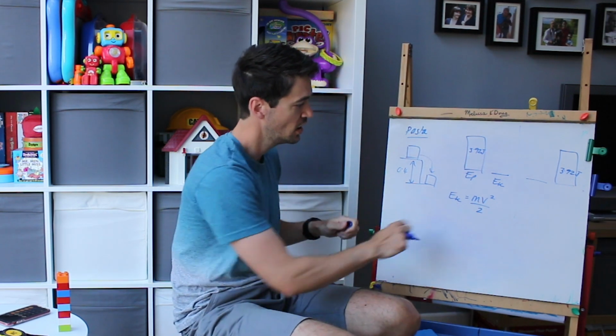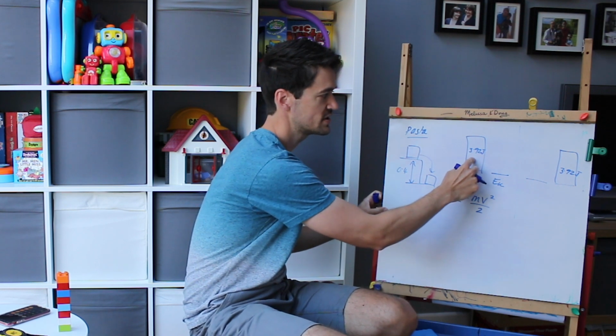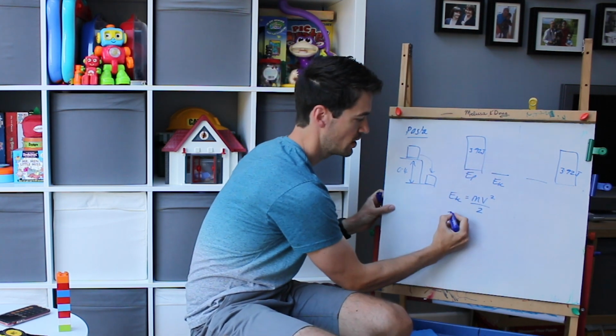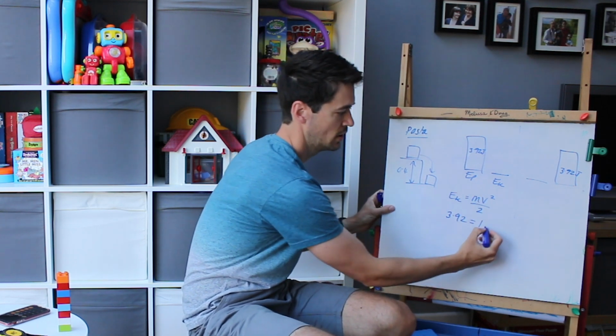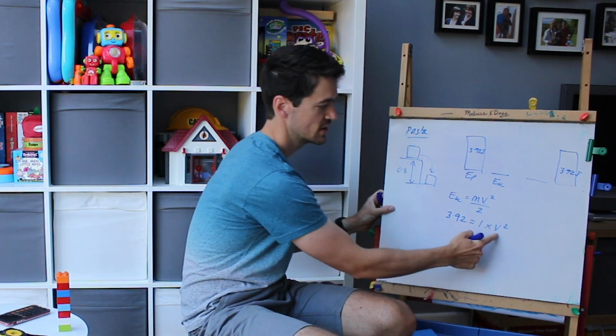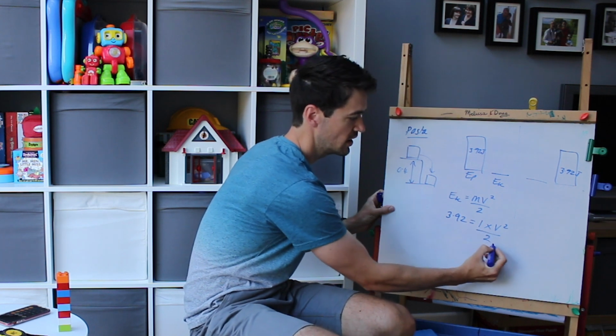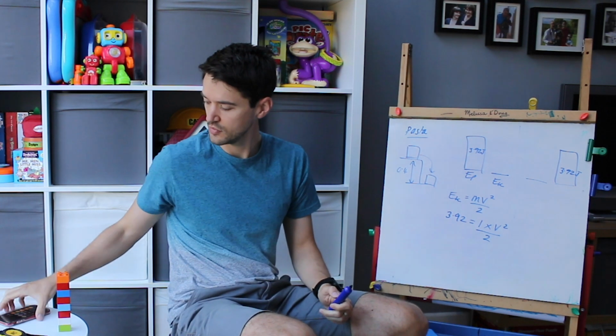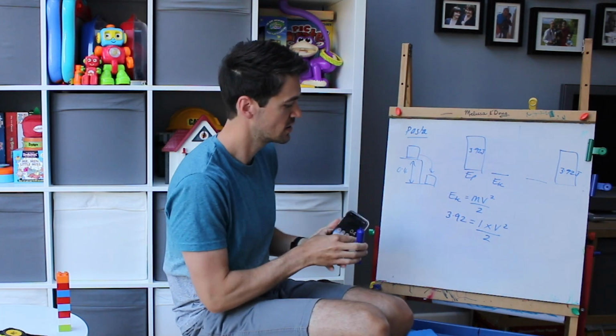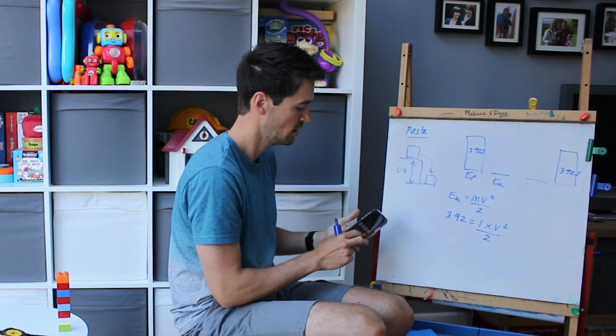So the kinetic energy, that will be the same as the potential energy it had at the start. So that will be 3.92. The mass is 1. We want to work out the velocity, so we don't know that, we'll leave it as v, and we've got to remember to divide by 2. Okay, let's use our calculator to sort us out with the answer here.